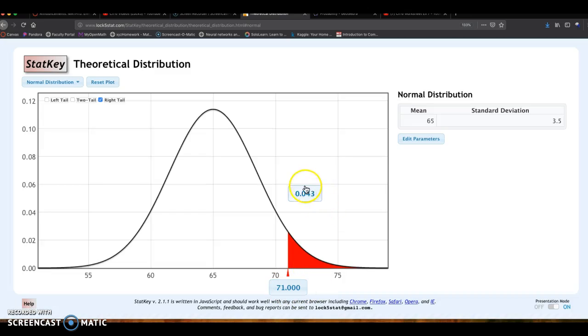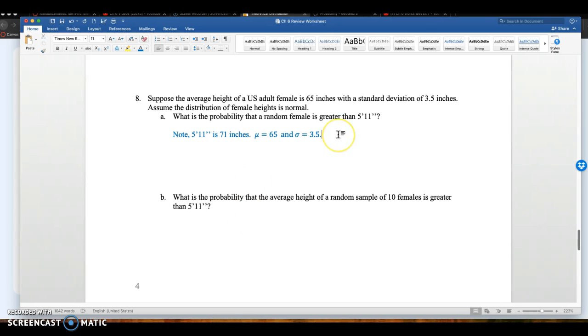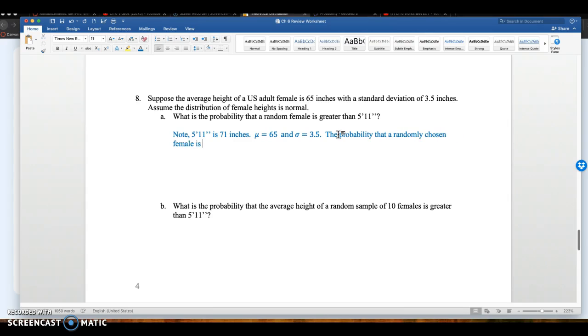And the area under the curve, this red value, is 0.043. That is the probability. A randomly chosen female is over 71 inches tall with probability 0.043, about 4.3%.